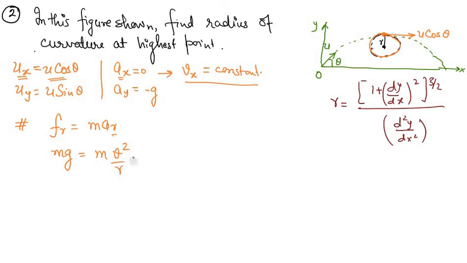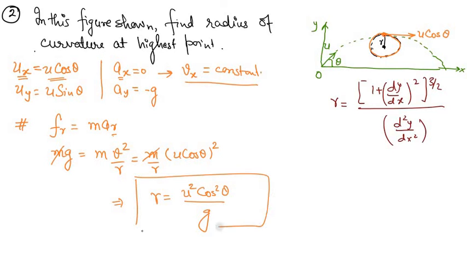Here v is equal to u cos theta, so it is (u cos theta) whole square. Your m will cancel out, and your r turns out to be u square cos square theta upon g. So that is the radius of curvature of this projectile at the highest point. So that was the problem.